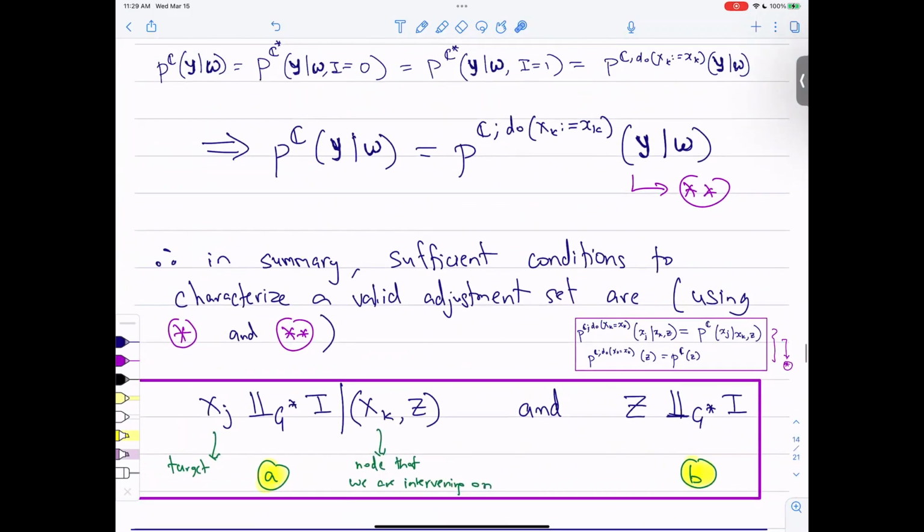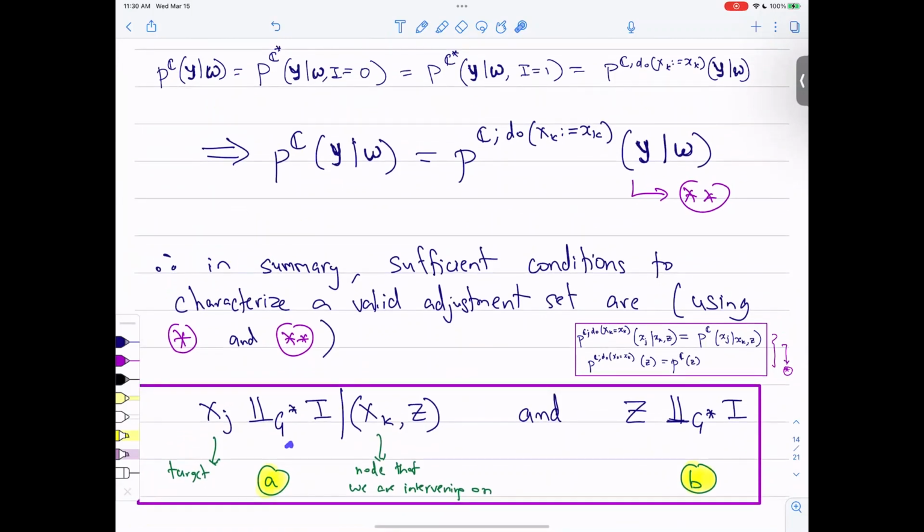In the G star, Xj and I, the intervention variable on top of Xk, should be d-separated given Xk and Z, and Z should be independent of I. We have taken the algebraic condition and made it a graphical condition on a new graph.